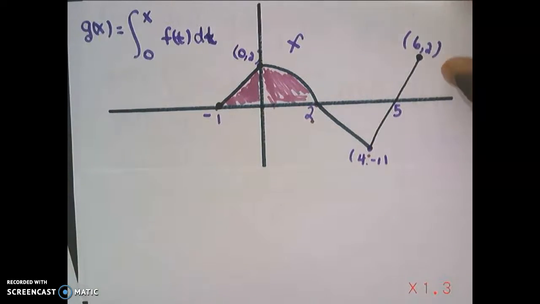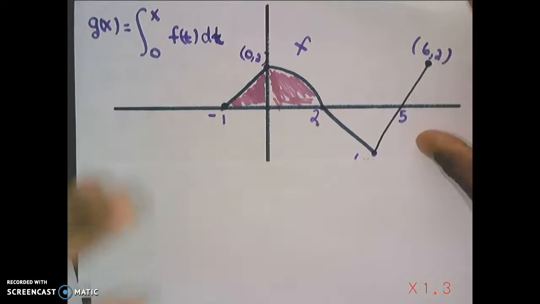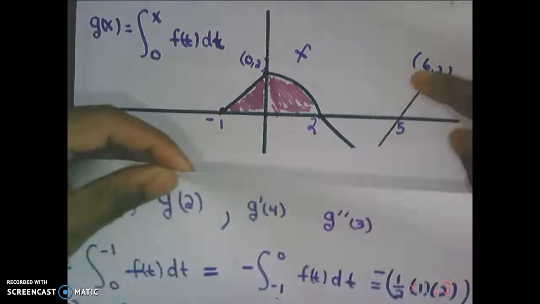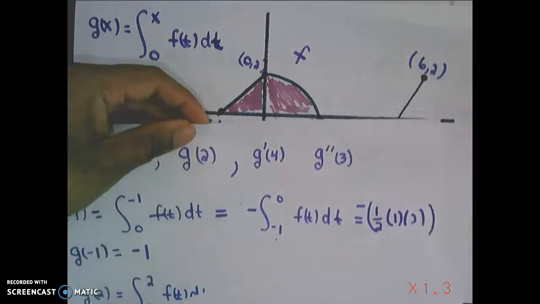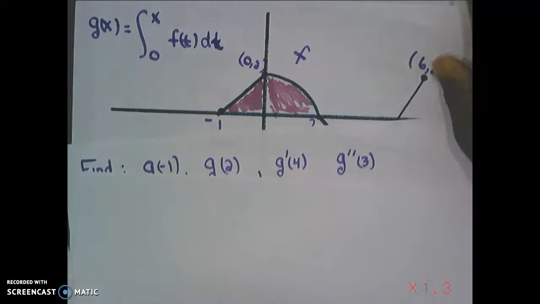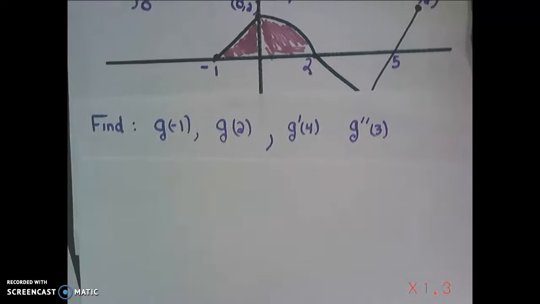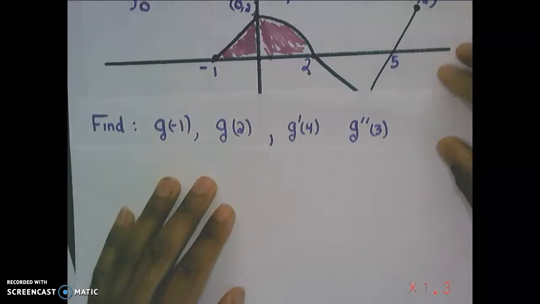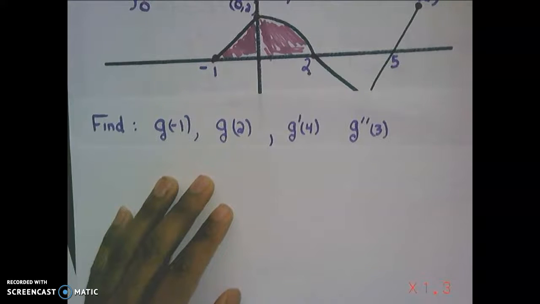All right, so this is what the problem is going to be asking us to do. I have it on a separate page. So we're going to be finding g of -1, g of 2, g prime of 4, and g double prime of 3. So let's look at that.